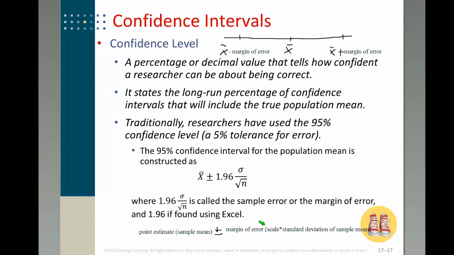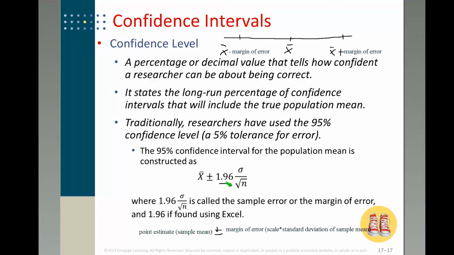For a 95% confidence level, the scale we use is 1.96. If you know statistics, you must have heard this number, 1.96, in constructing confidence intervals. And 1.96 comes from the standard normal distribution.